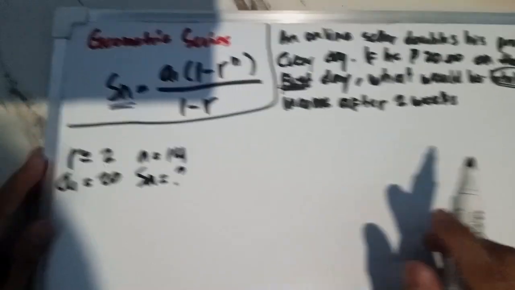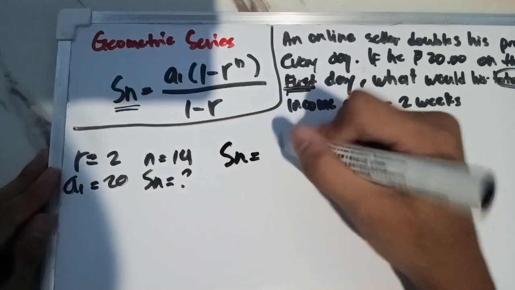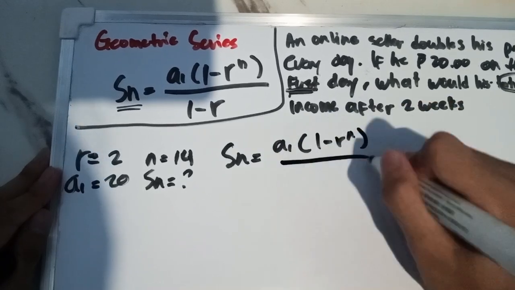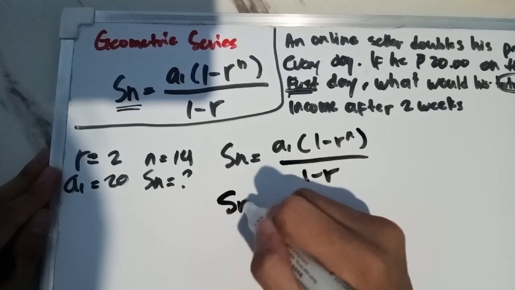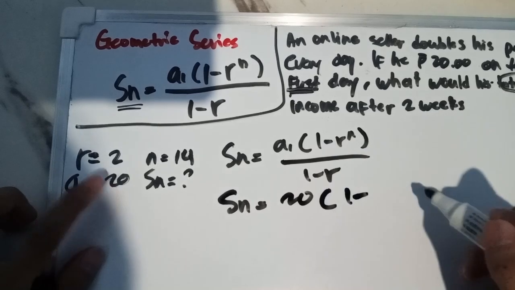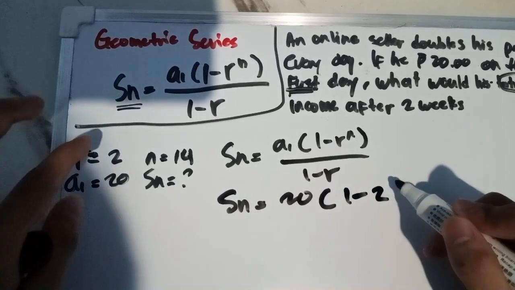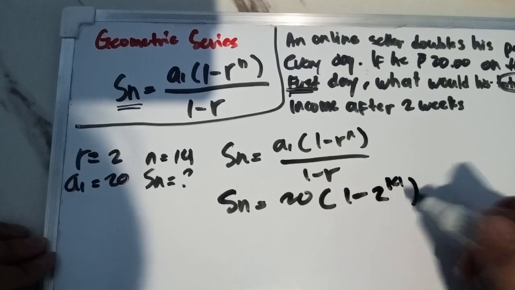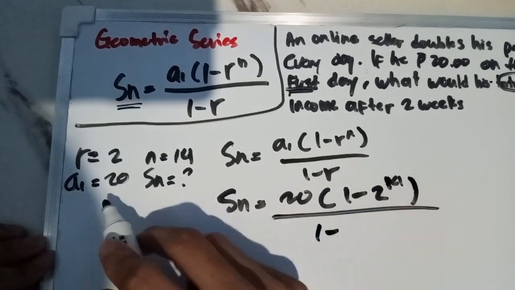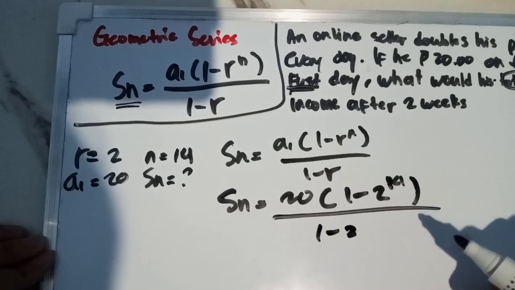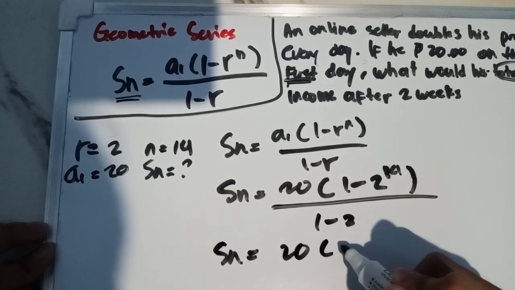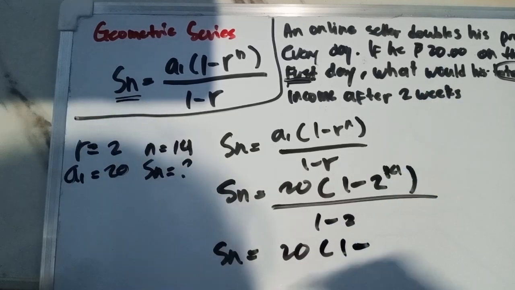Again, formula natin, Sn is equal to first term times 1 minus r raised to n over 1 minus r. Ang first term natin is 20, times 1 minus r, that is 2, raised to n, that is 14, over 1 minus r, or 2. So 20 times the value of 1 minus 2 raised to 14.